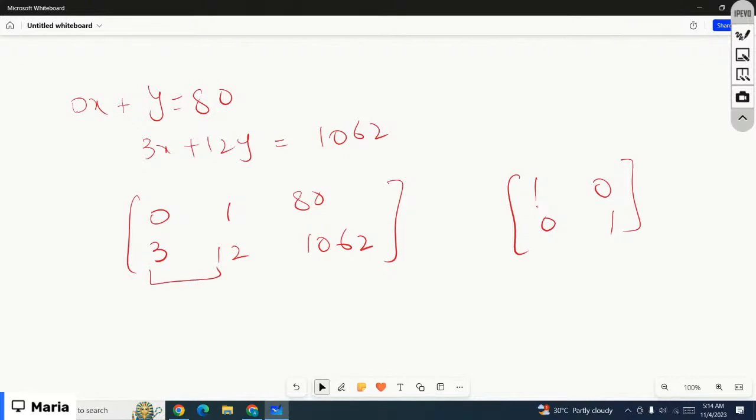Got it? You have to apply different mathematical operations on these two rows and make them equal 1 0 0 1. Got it? So you can see you have 0 and 1, right? You have 0 1 below, so just swap these two rows, right? Swap r1 and r2.